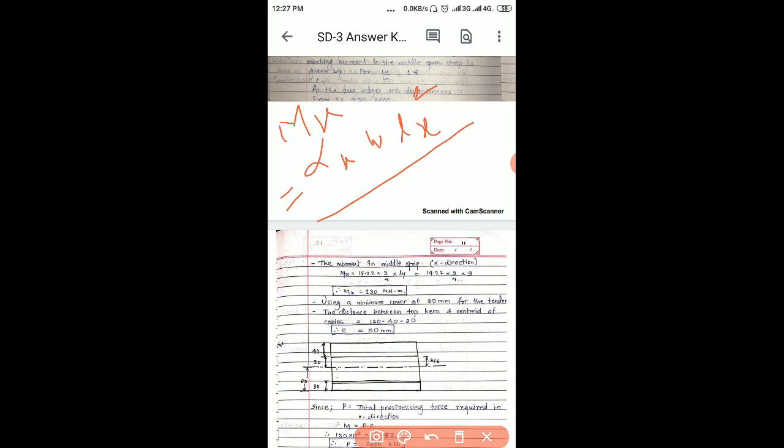The alpha x value we'll take from the code. w is 6 kilonewton per meter square, Lx is 6, squared. From there we calculate this Mx, and similarly we'll calculate for My.